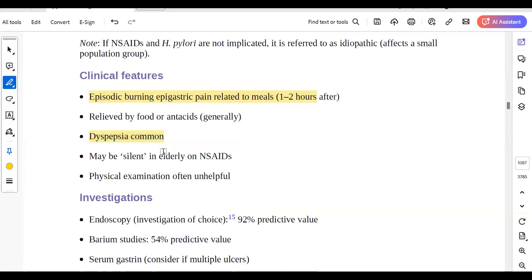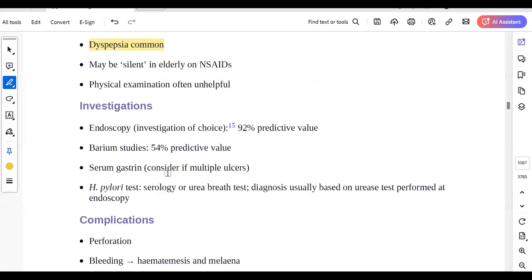Indigestion, burping, and reflux are also common in a peptic ulcer patient. Physical examination usually will not give you much of a finding, but it is the burning epigastric pain related to meals that gives you the diagnosis. If you think that this is peptic ulcer disease, then you have to confirm it by doing an endoscopy first.